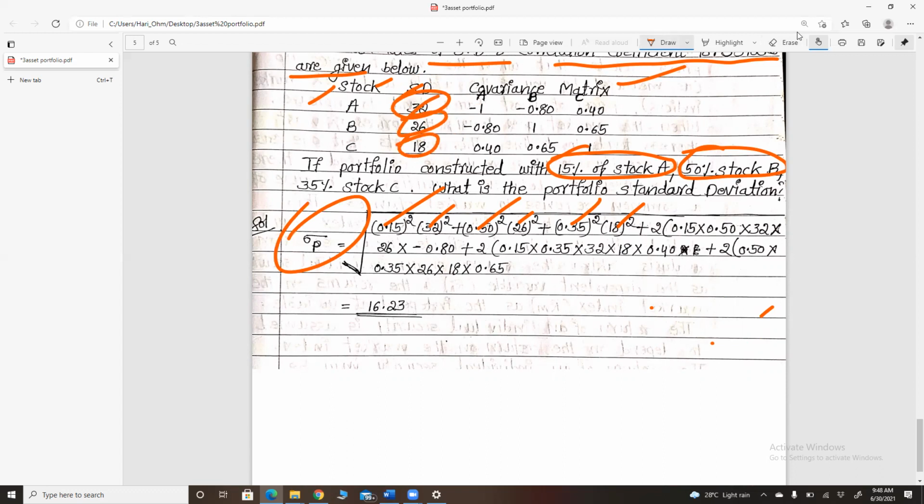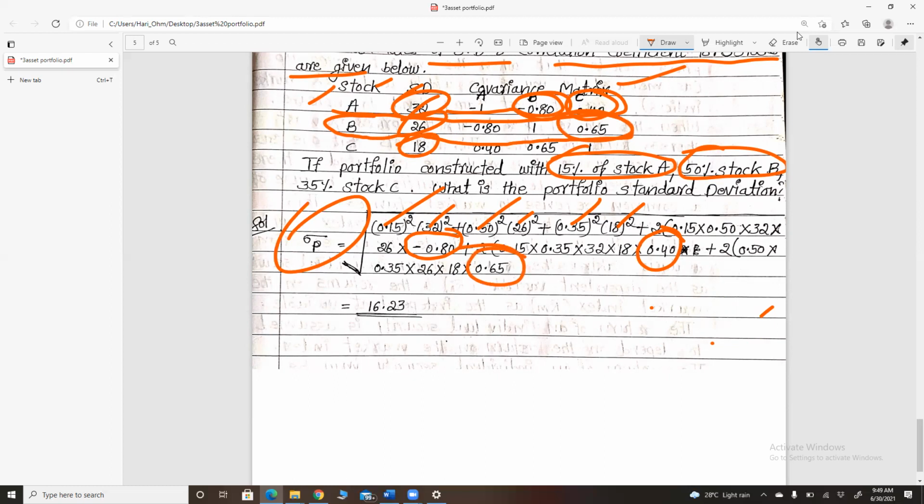Again, R12. Where is R12? R12 is nothing but minus 0.80. See, R12, first row and second column, that is minus 0.80. Second one, R13, means first row, third column, that is 0.40. And third one, R23, means second row, third column, so 0.65. Is it clear?